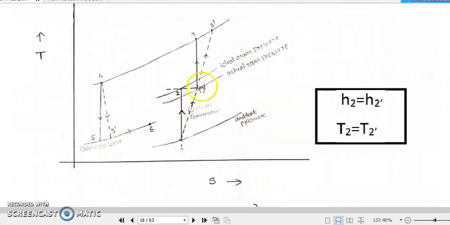Our actual compressor is working from 2 dash to 3 dash, our actual main compressor working. The compressor work involves PV work; the main compressor is increasing the pressure volume work from 2 dash to 3 dash.